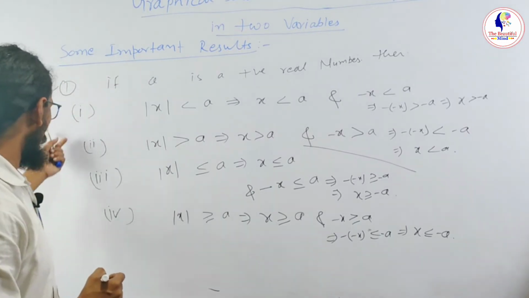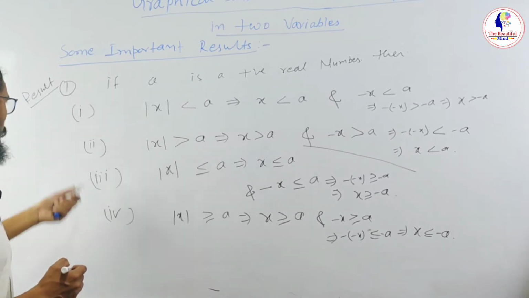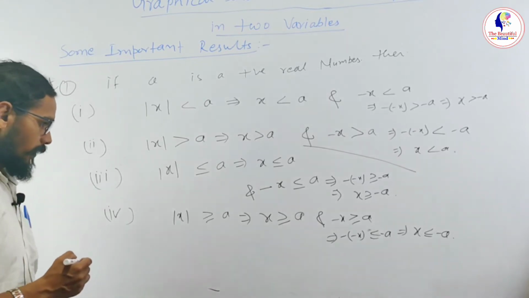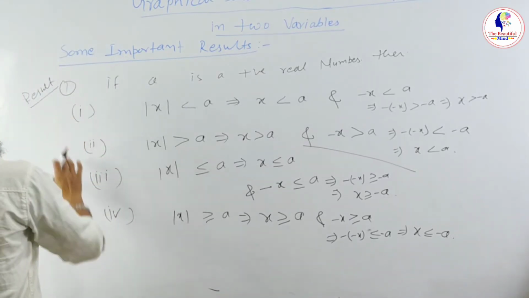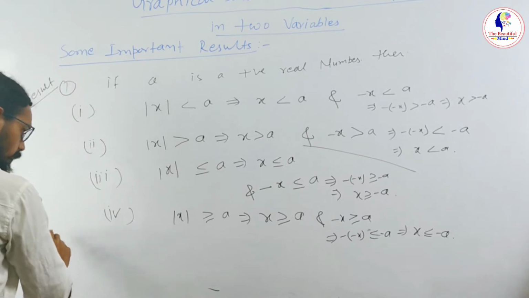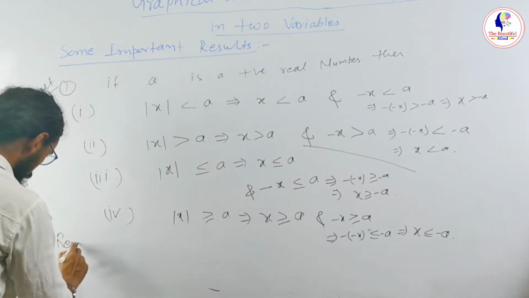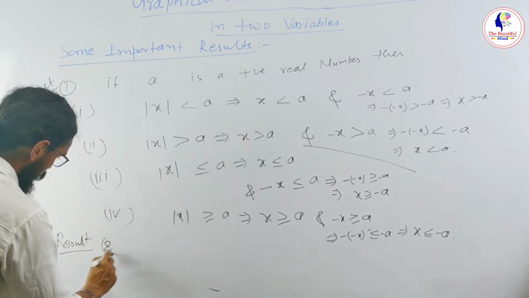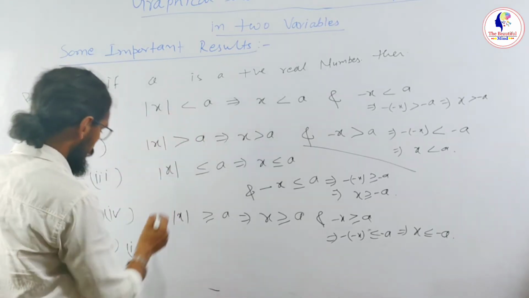So we have four results: result first, second, third and fourth. This is the fourth result of part 1. Now we can see similar results. Suppose result 2, it can be like this.